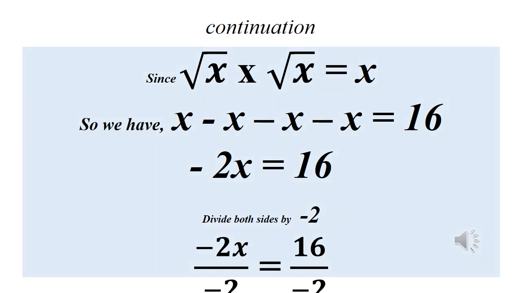What we are going to have is x minus x minus x minus x equals 16. So we have x minus x, that is 0. Then minus x will give us minus 2x equals 16. So if we divide both sides by the coefficient of x, which is minus 2, we have minus 2x over minus 2 equals 16 over minus 2, and that gives us x equals minus 8.